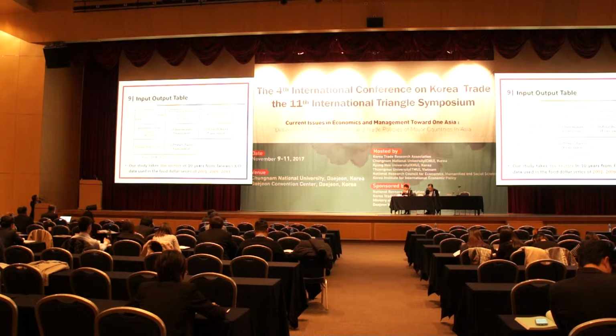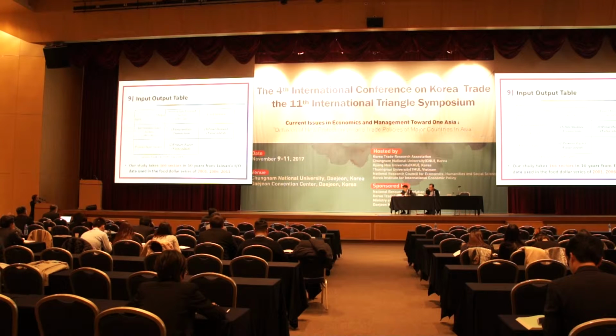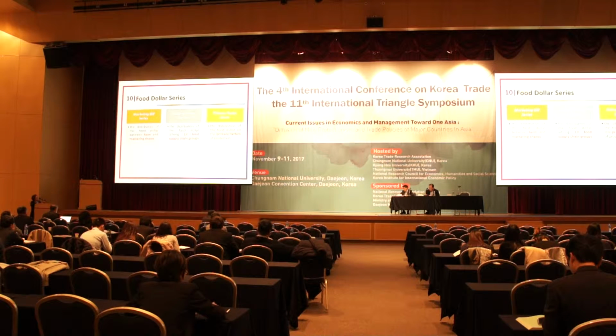And so our study uses 166 sectors over 10 years from our national statistics, and then we can use this to construct the food dollar series and to understand the changes of farm share along the value chain.